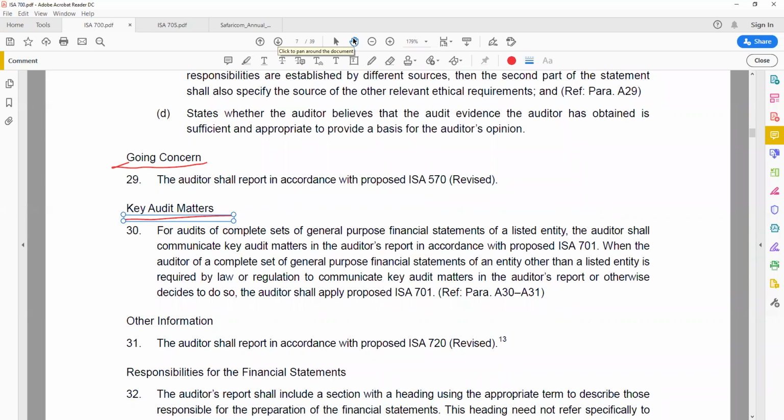It's not like an emphasis of matter. More or less, it's what you think as an auditor is worth enough for the users to become aware of. It's not that there's any issue, but these matters were critical when forming the opinion.